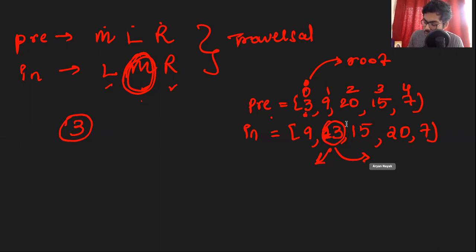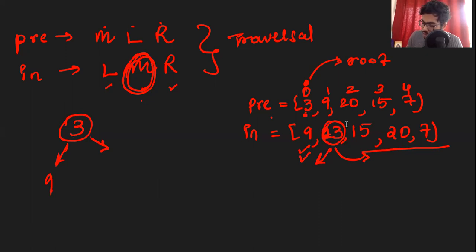So 3 would be having 9 on its left, and all these elements on its right. So we have come this far to construct the tree.